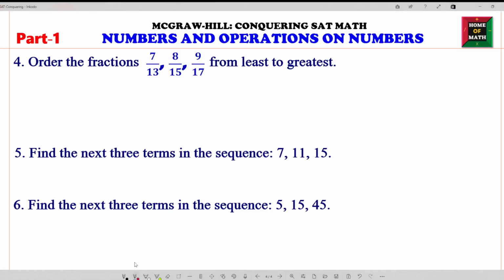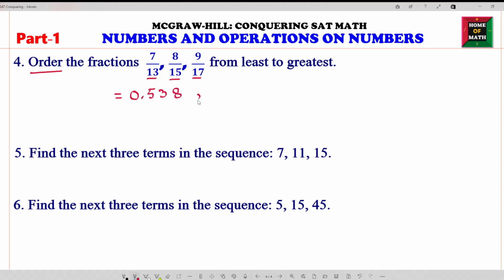Number 4. Arrange the fractions 7 by 13, 8 by 15 and 9 by 17 from least to greatest. Look, these fractions have different denominators. So in this case, the best thing is to make them decimals. The first one, 7 by 13, becomes 0.538.